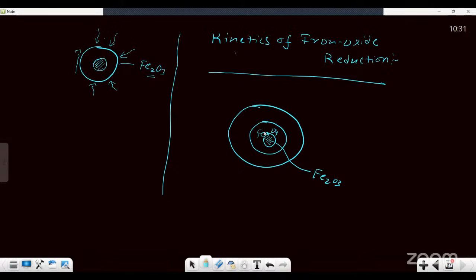And then there is a porous layer, which is nothing but FeO, and this part is basically our wustite, FeO. This is exactly how the reduction reaction happens. We are discussing the actual mechanism of the reduction reaction. So this is the gas boundary film.